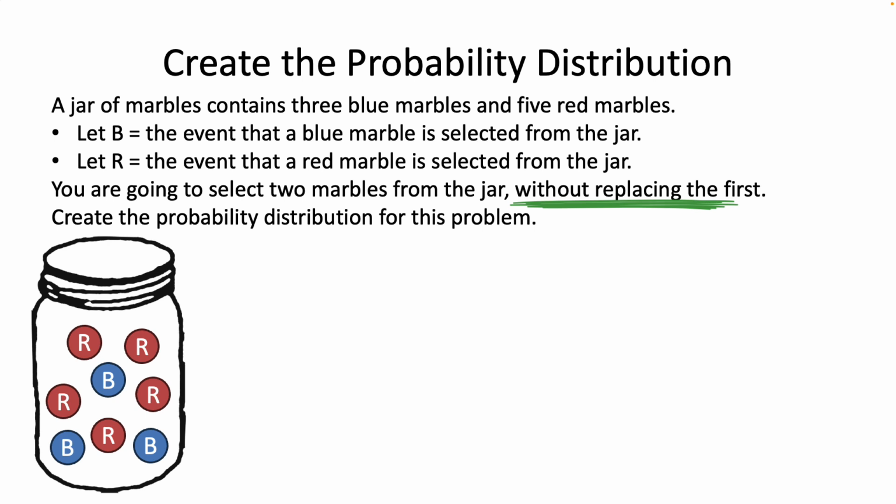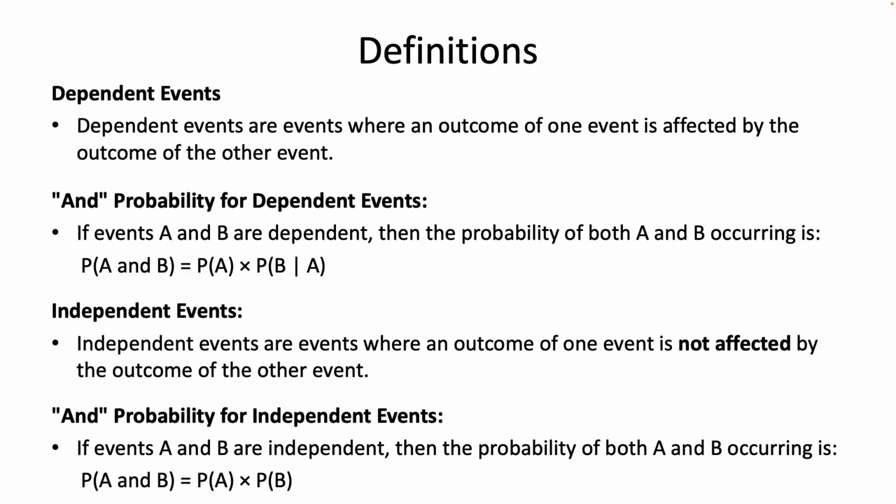Before we get started on this problem, let's just review the definitions of dependent and independent events. Dependent events are where the outcome of one event is affected by the outcome of the other event.